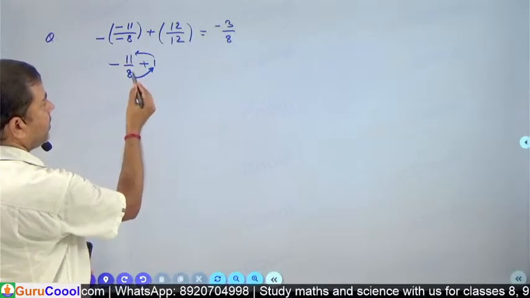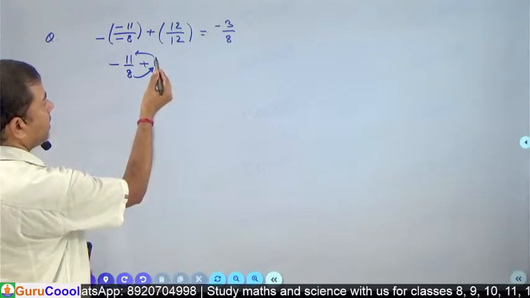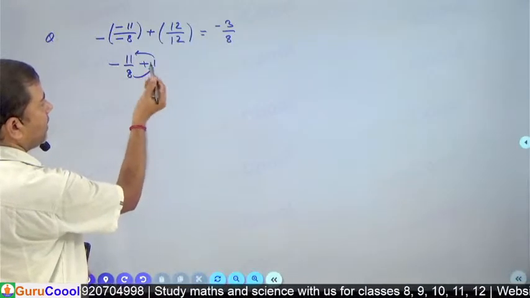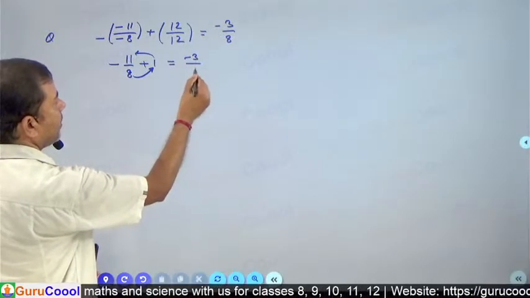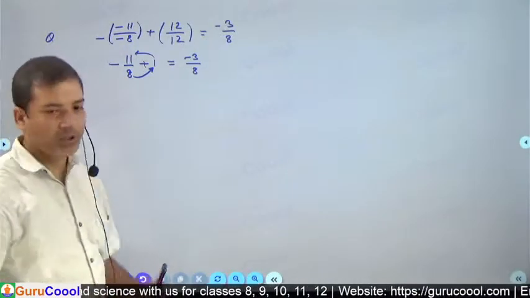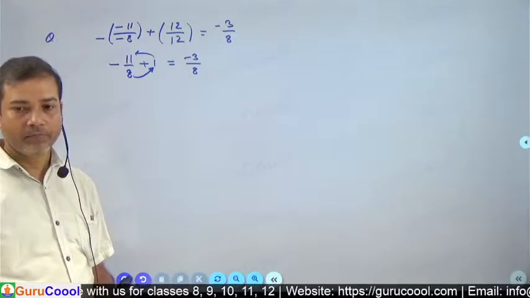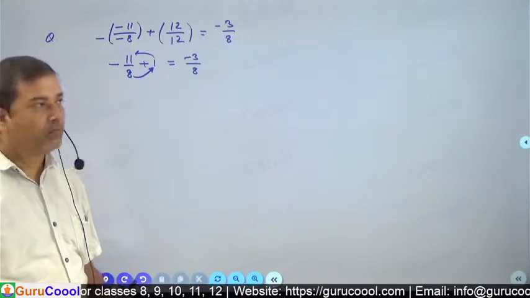Here is 8 because 8 1 ja 8. Here is 8 minus 11. You add them. 8 and minus 11 is minus 3. Denominator is 8. Got it? Yes, sir. Okay.